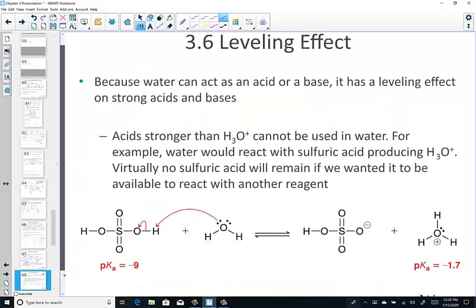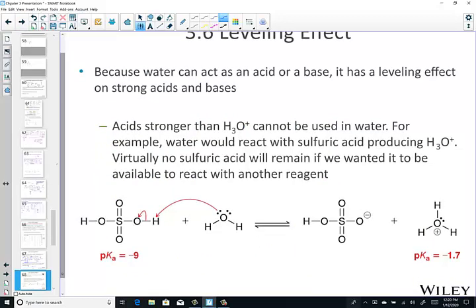Let's take that example. Here we have a very strong acid. It's sulfuric acid, pKa of -9. Isn't that at the very top of your chart? So if this is an acid, water would be acting as the base, producing the conjugate acid. Whoops, I'm sorry, that's the conjugate base. These two are conjugates.